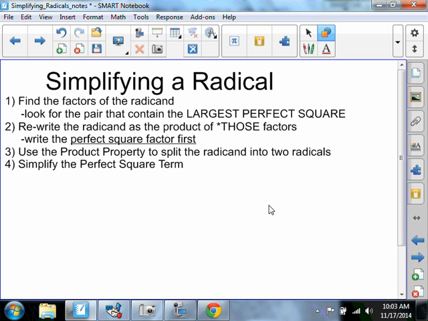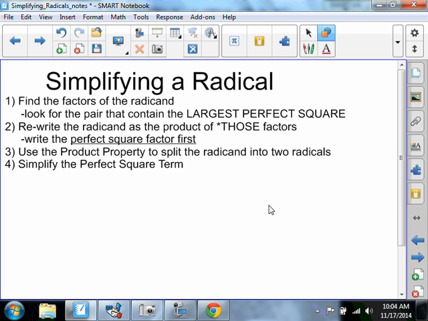After you've done step 1, in step 2 you're going to rewrite the radicand, and that actually means writing something down. Some of you are going to get really good at this really fast, and you're going to skip some steps and mess them up. And you're going to say, well, where did I go wrong? And I say, well, you didn't write anything down. I don't know where you went wrong. Step 2, rewrite the radicand.